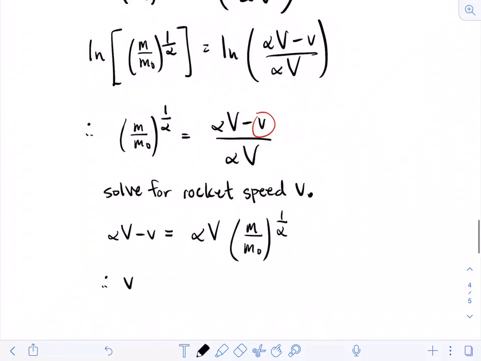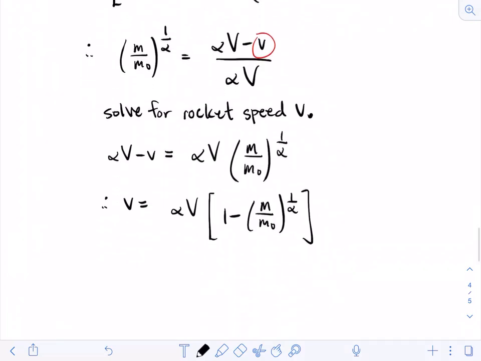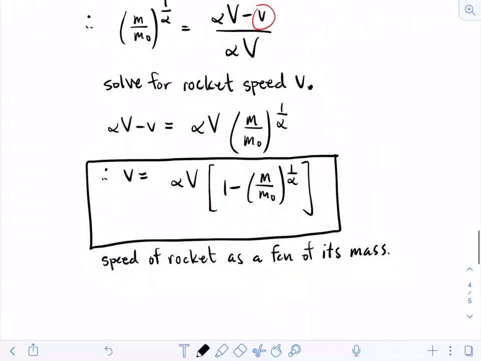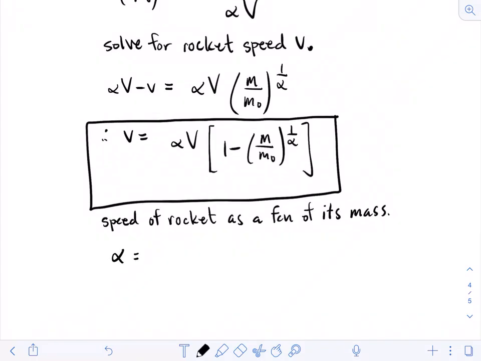And therefore v is equal to alpha V times (1 minus (m over m0) to the power 1 over alpha). And that is it. This is the speed of the rocket as a function of its mass.